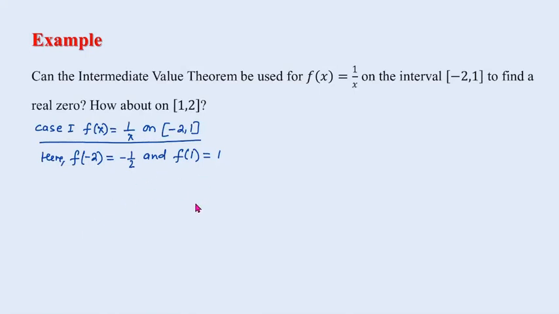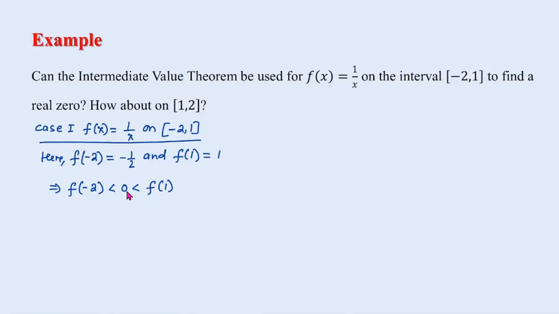So meaning of that, this implies f of -2 is less than 0, which will be less than f of 1. So if that is the case, if 0 is in between the two function values, there must be some function's value in this interval that will give you 0 as the function value.